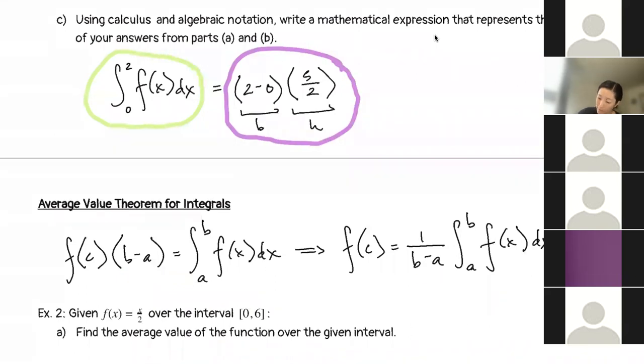Okay. And so if we annotate a couple things here, this f of c is a y value. Okay, in particular, that is the average value. We have the area between a curve and the x-axis.